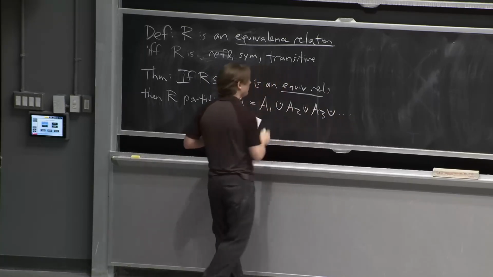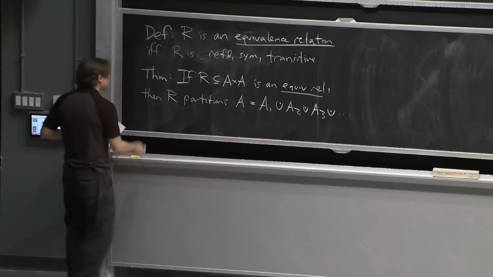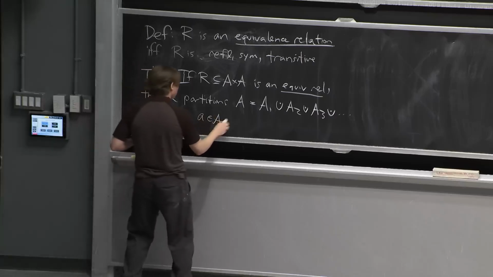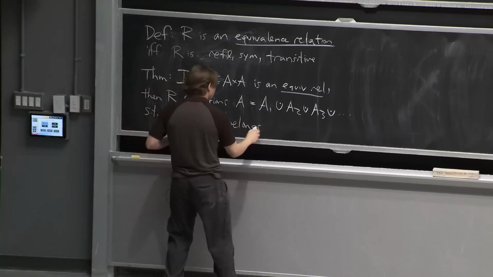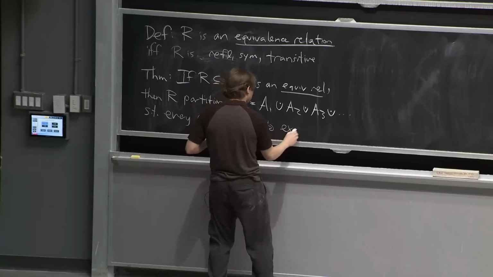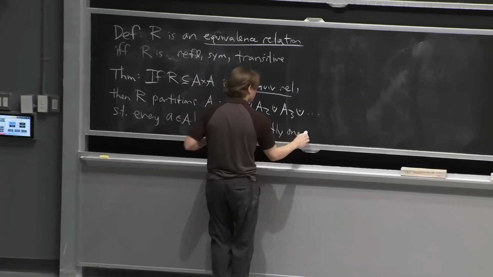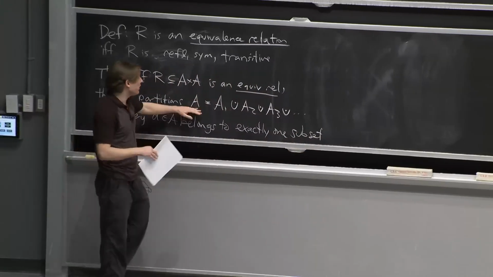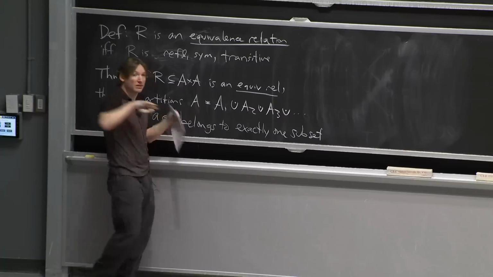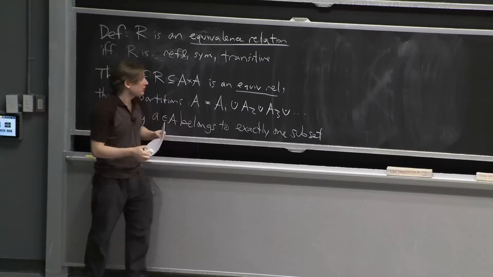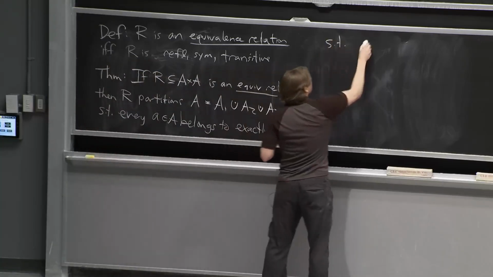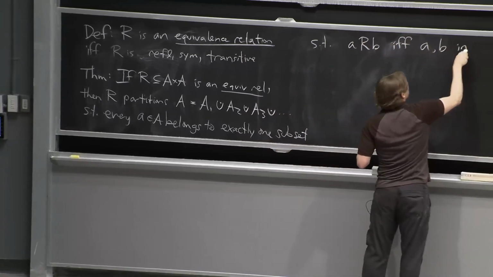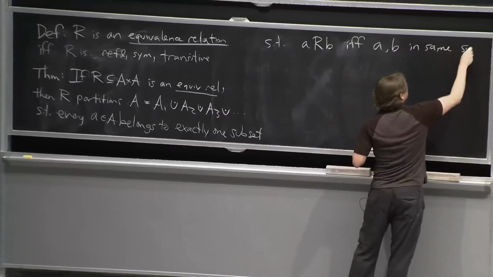And this is going to be a disjoint union such that every element of A belongs to exactly one of our subsets. That's what it means to be a partition, that we're breaking A into smaller pieces where every element of A is in exactly one of our pieces, such that A relates to B if and only if A and B are in the same subset.